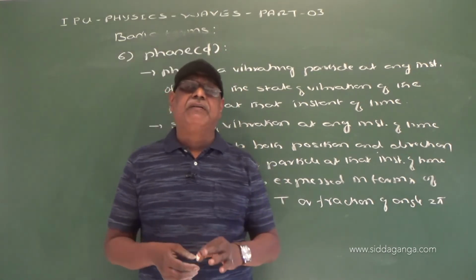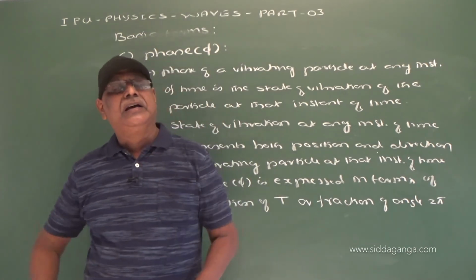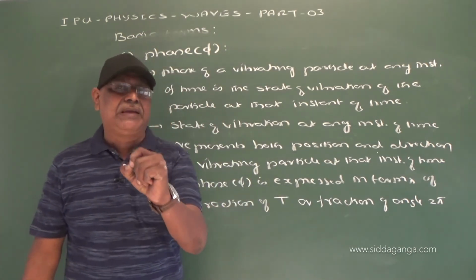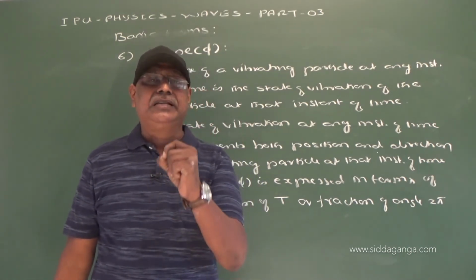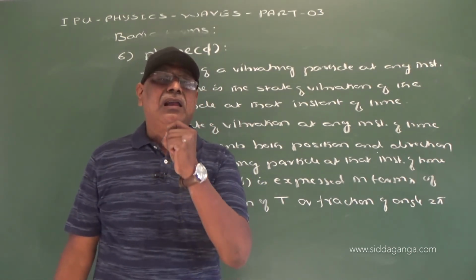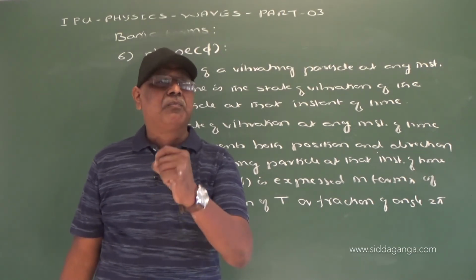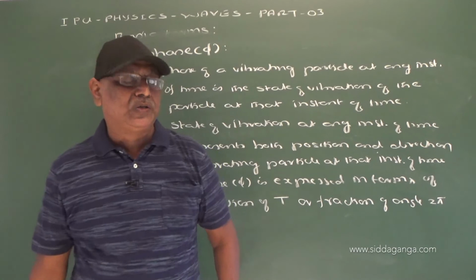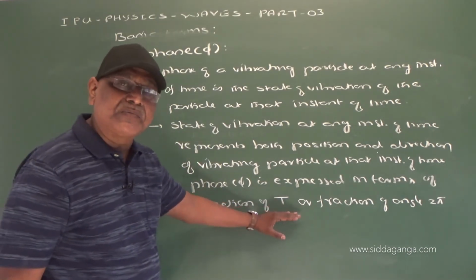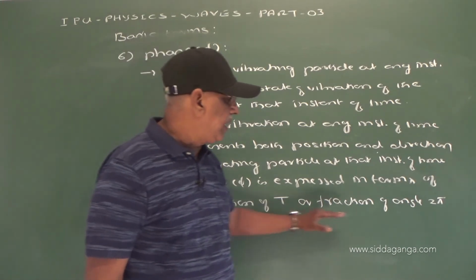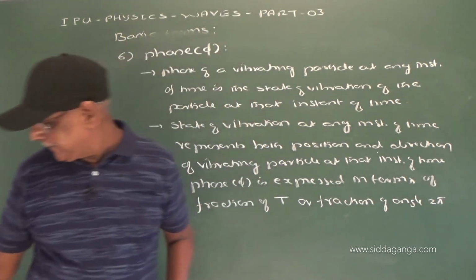Or, the phase is the fraction of time period that has elapsed since the particle last crossed its mean position in positive direction. So the phase is expressed either in terms of fraction of time period or in terms of fraction of 2 pi.